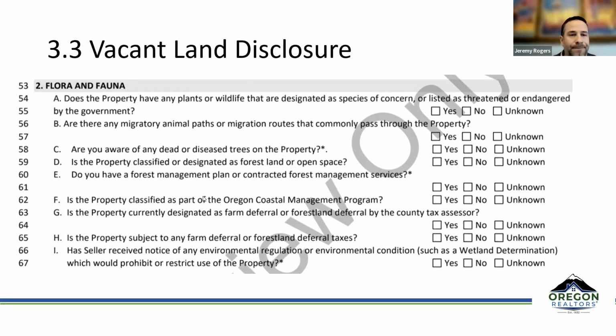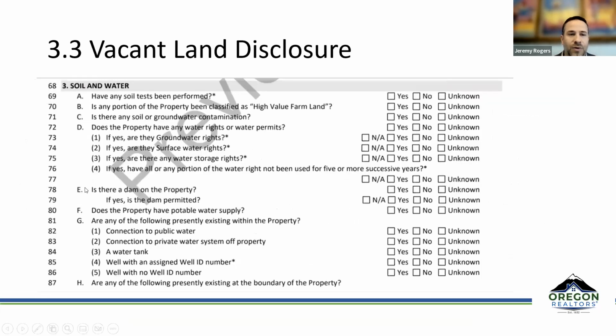All right. So that's the flora and fauna section. We've expanded the section here on soil and water as well. Okay. Water rights, of course, there were water rights questions in the regular seller property disclosure statement. We've expanded on those.